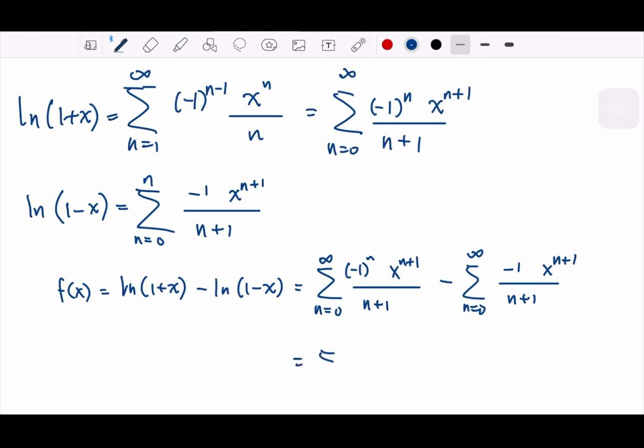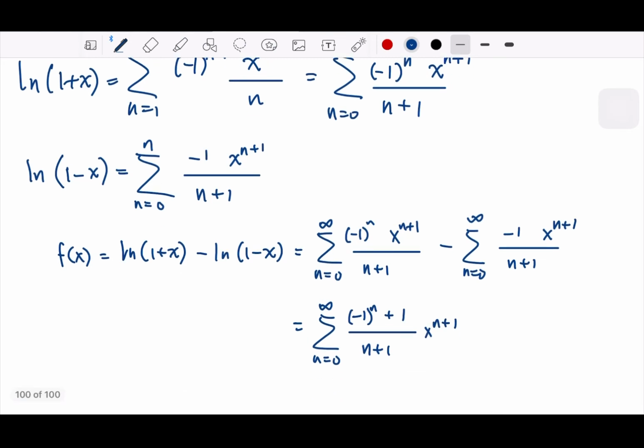So we will have, and then you can check from 0, 1, 2.